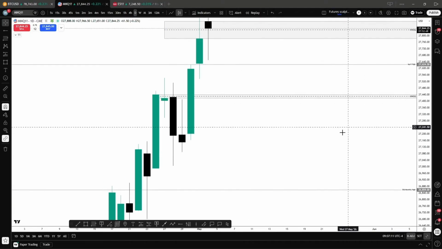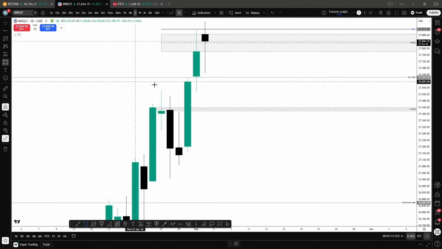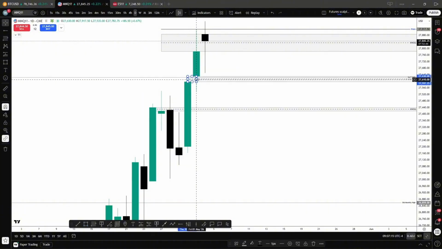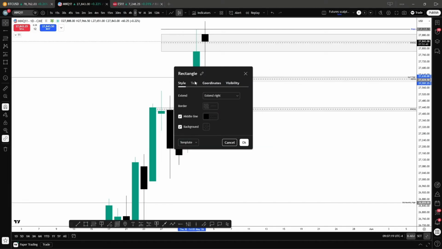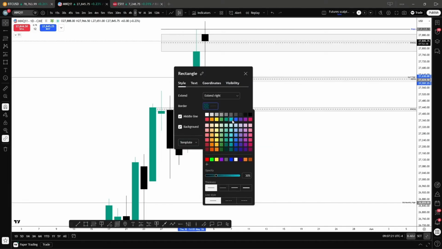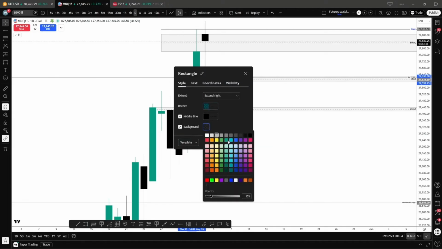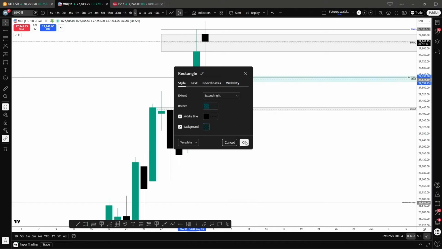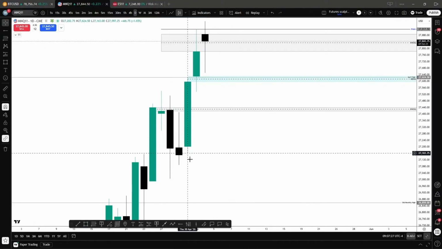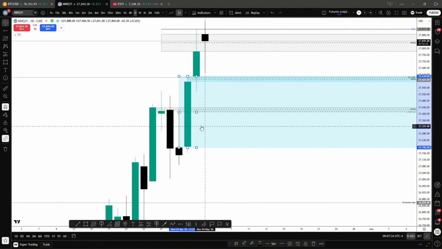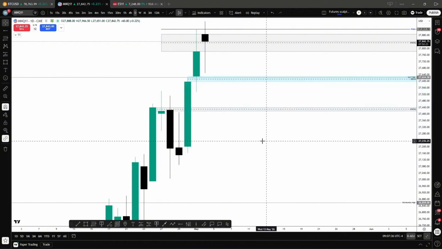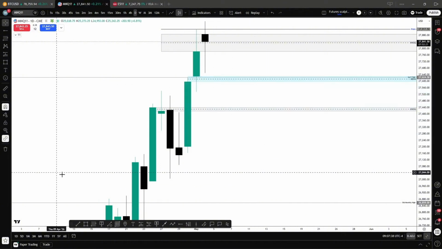Daily chart. There is a daily volume imbalance right here. And we have this entire suspension block that's going to be right here. Okay, I'm not going to put that on the chart just yet, but I know it's there.